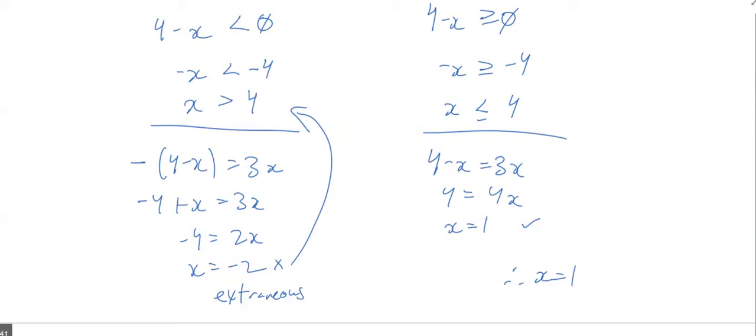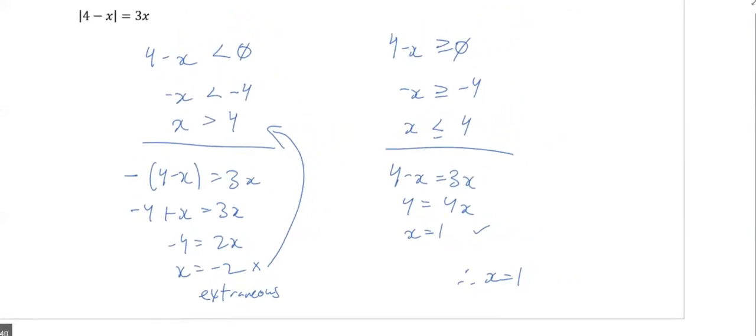And you could easily do a left side, right side check for these. If I put -2 in over here, I get -6. If I put -2 over here, I get 4 plus 2, which is 6. So this is +6 and this is -6. So left side does not equal right side.